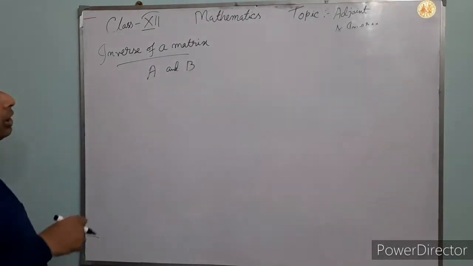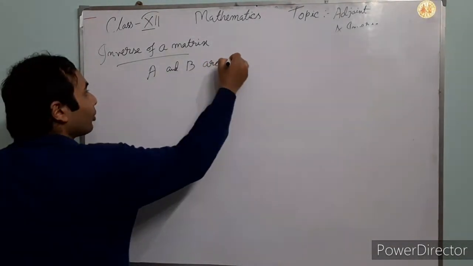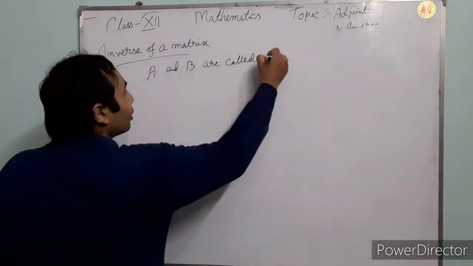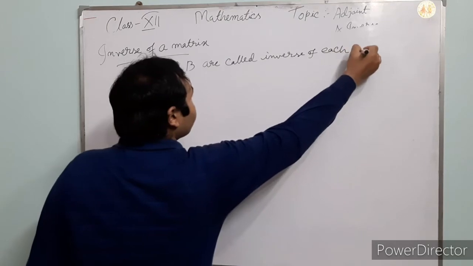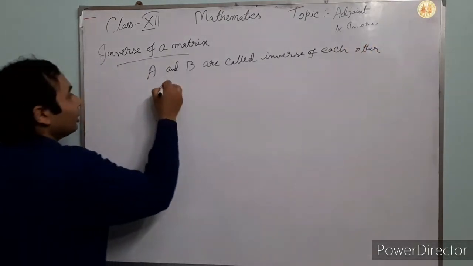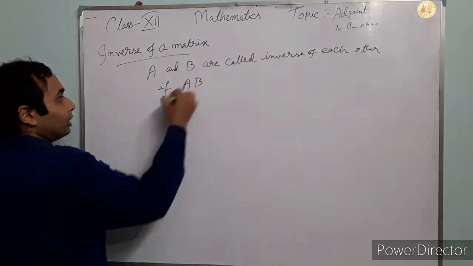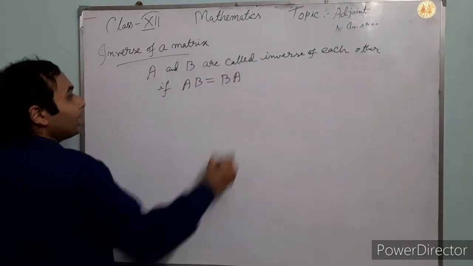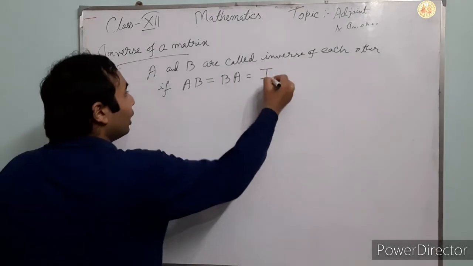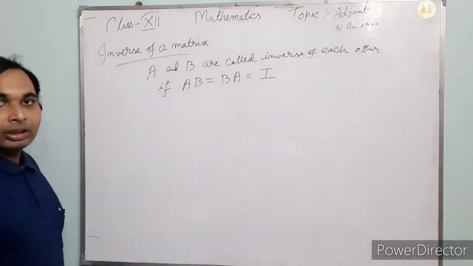So A and B are called inverse of each other if AB, that is A multiplied by B, equals B multiplied by A equals the identity matrix.